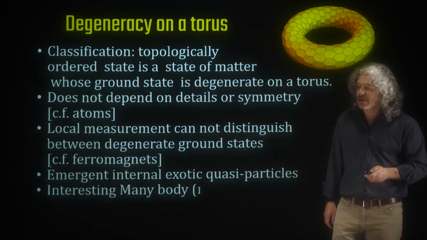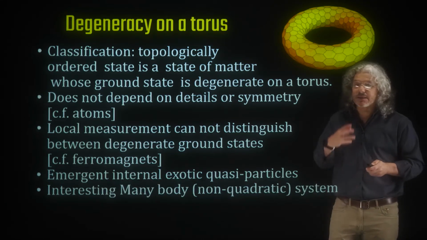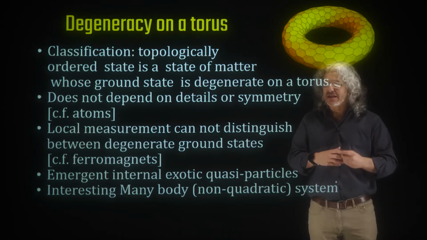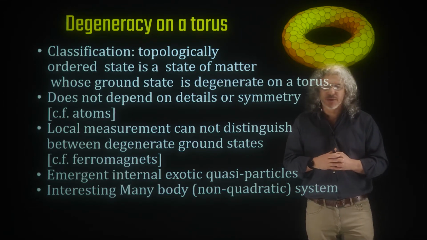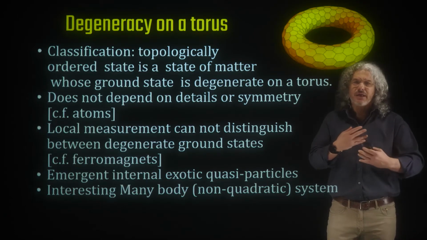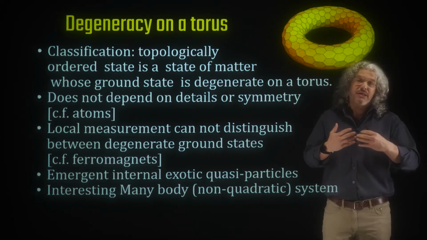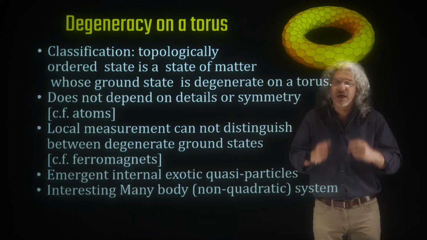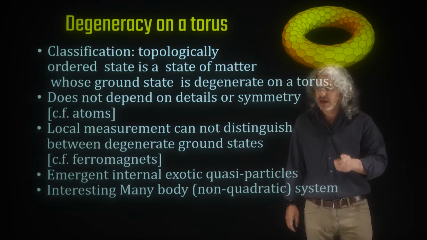The last thing I want to say is that the topologically ordered case, unlike other cases, is an interesting many-body problem. That means that I cannot write the problem in a quadratic form and solve it. We have to use different methods in order to understand how this system behaves.